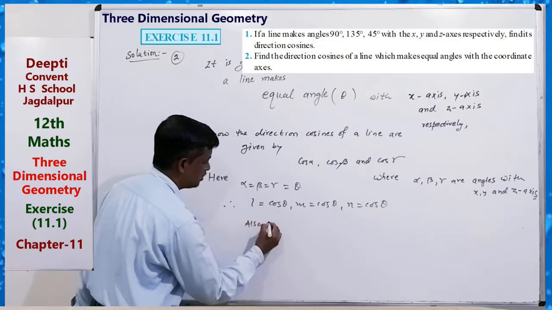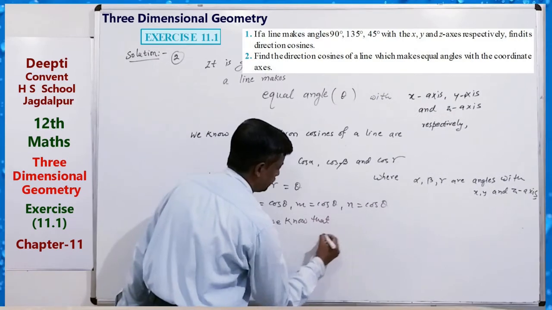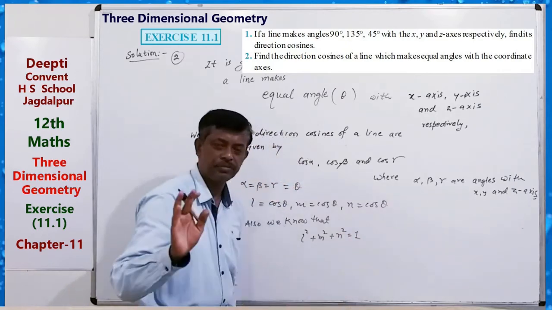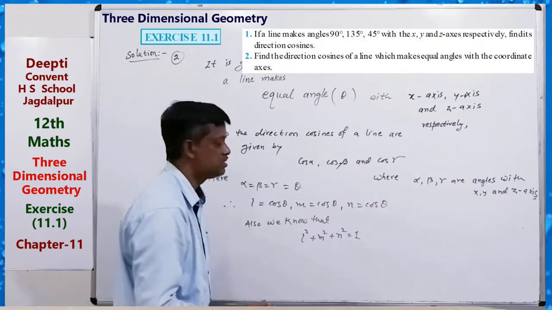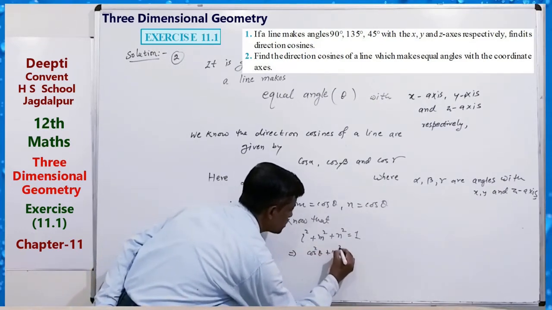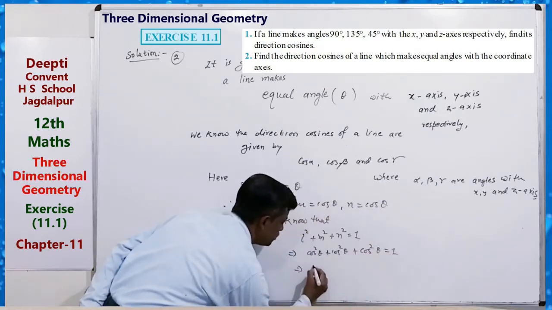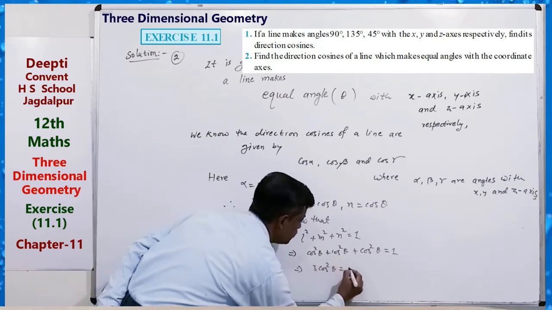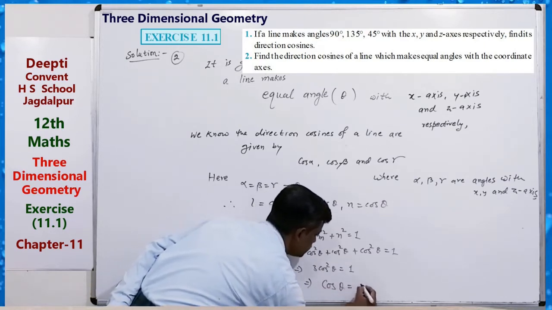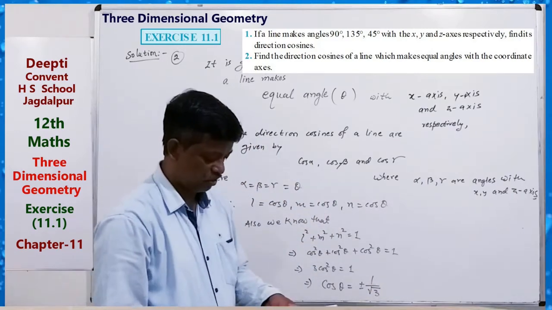Also we know that L square plus M square plus N square equals 1. We know the sum of squares of direction cosines is equal to 1. So here cos square theta plus cos square theta plus cos square theta equals 1. So 3 cos square theta equals 1. So cos theta equals plus minus 1 upon root 3.